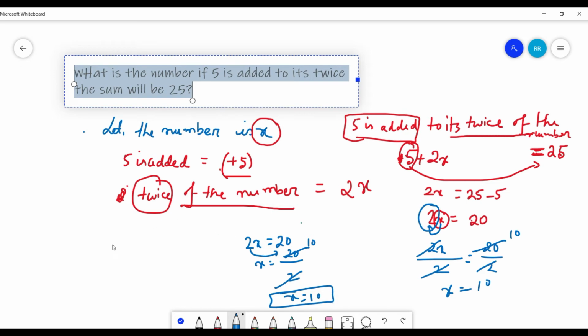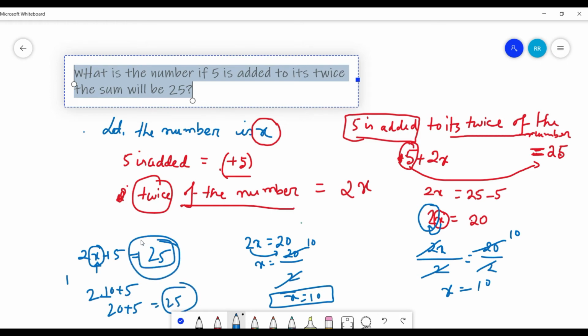So in order to prove it, try to put this number in 2x plus 5 equal to 25, just put x here. So what will happen? 2 into 10, which is 20, plus 5, that means 25. So you will get the same result as the right side.